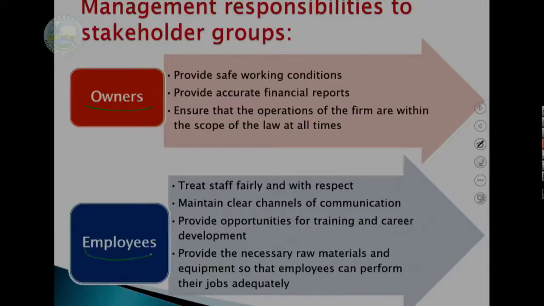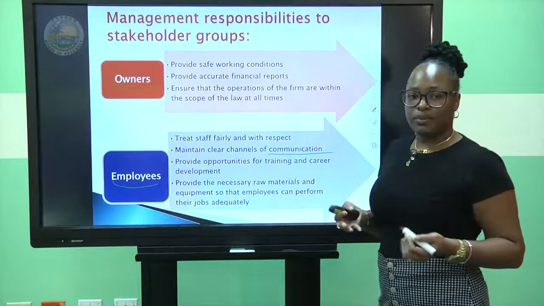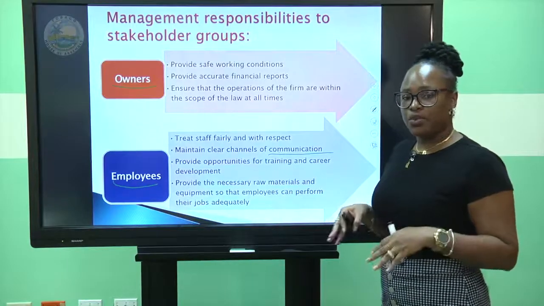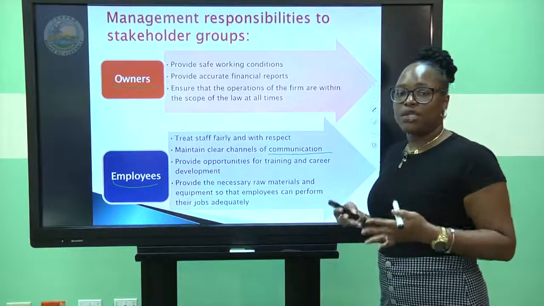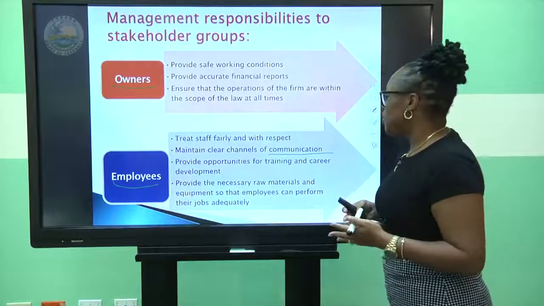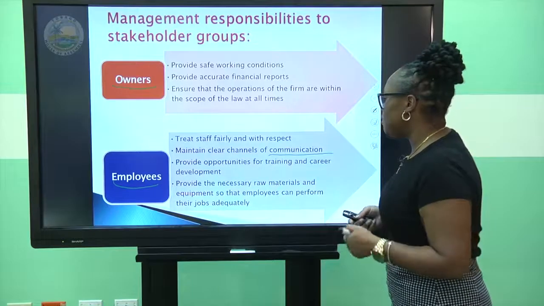They are supposed to ensure proper communication happens through whichever medium management desires to use with employees. And we have different mediums where you could use WhatsApp, emails, memos, those kinds of things. You have both informal and formal methods of communication.